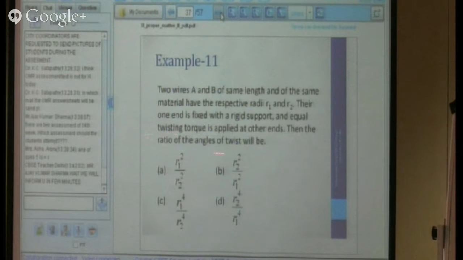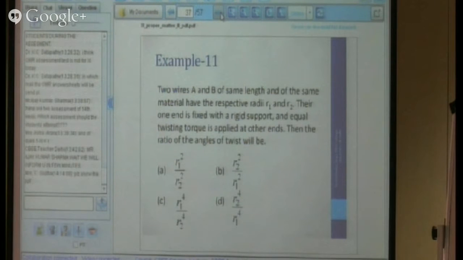Then the ratio of the angle of the twist is, you have the formula with you. The twist angle is directly proportional to torque, right? But is inversely proportional to R to the power 4. From there you can make out.